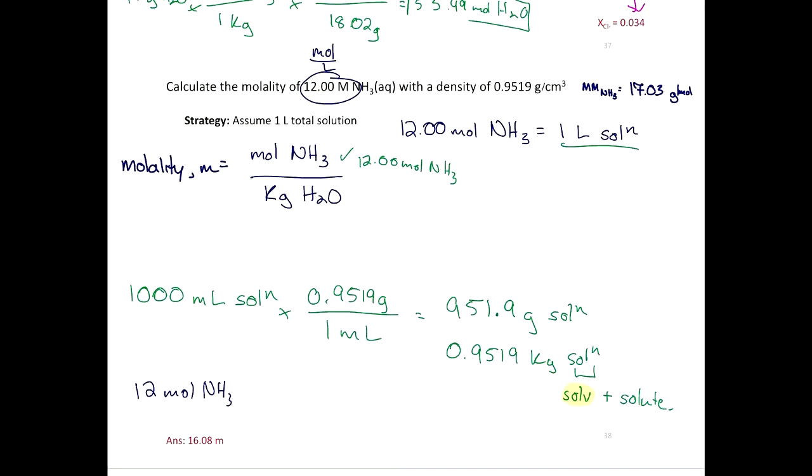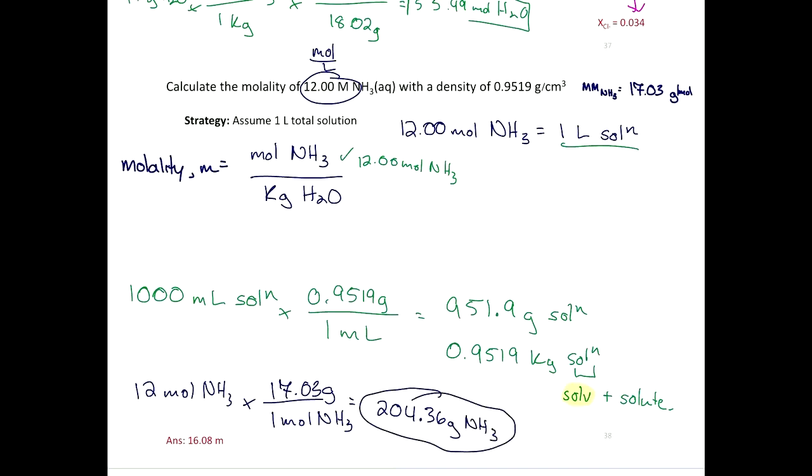12 moles of ammonia, I can figure out how much that weighs using the molar mass. 1 mole of ammonia is equal to 17.03 grams, and so 12 moles of ammonia is equal to 204 grams of ammonia. Here's the mass of ammonia, and here's the mass of the solution.